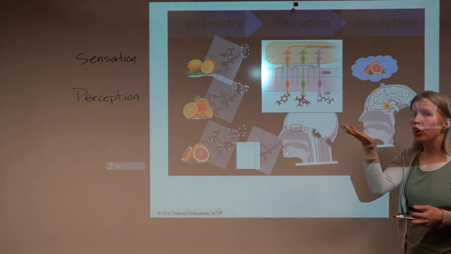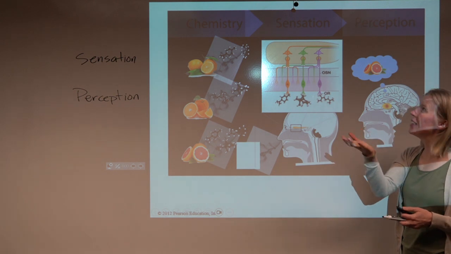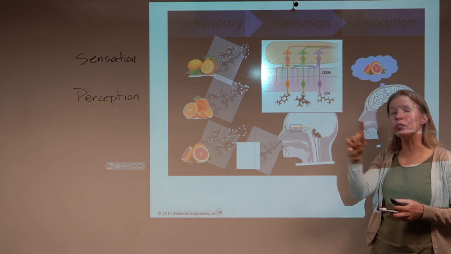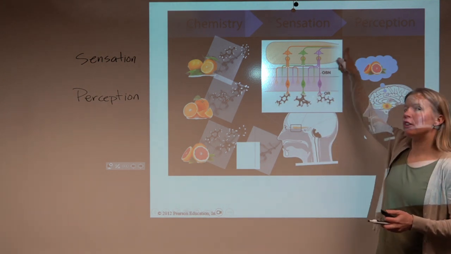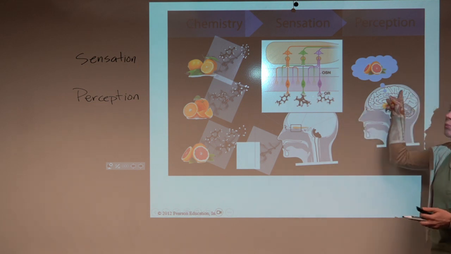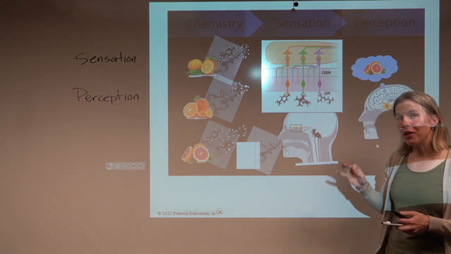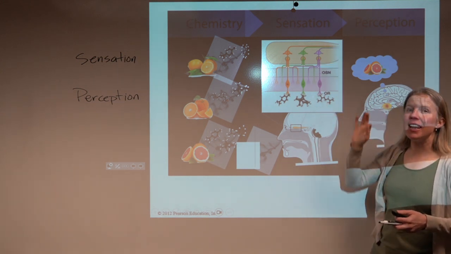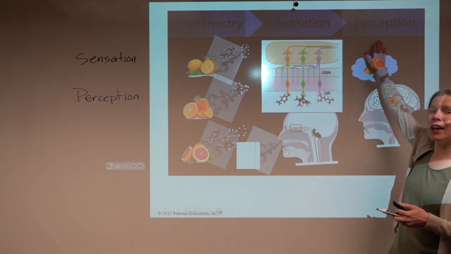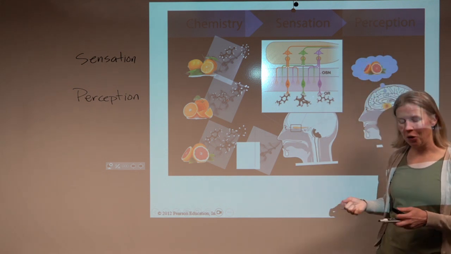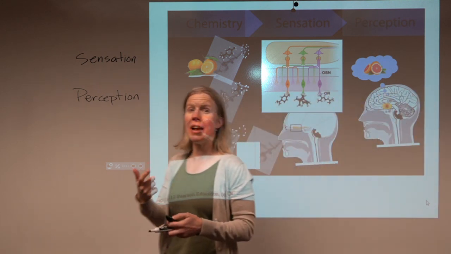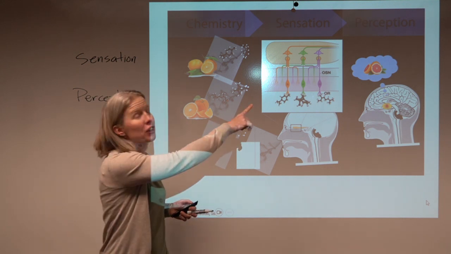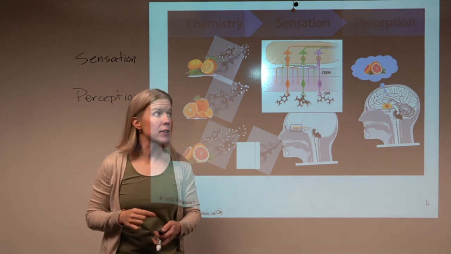So there could be chemicals in that room, the sensation, we could have this chemical actually binding to these receptors, but if that doesn't trigger an action potential, or if that action potential doesn't reach the cerebral cortex, the cortex is where we have conscious thought, that sensation never actually enters our perception. And so I think this is really kind of fascinating and also important for us to understand that we do not fully accurately perceive the world around us.